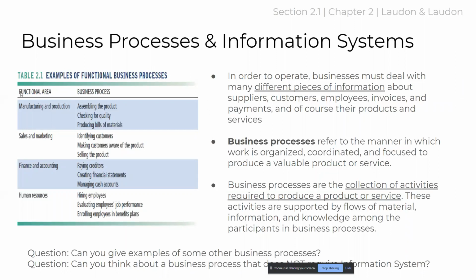An example of a business process, for the area of manufacturing, is assembling the product. It will be a business process called assembling the product, and it will have like 10 steps.